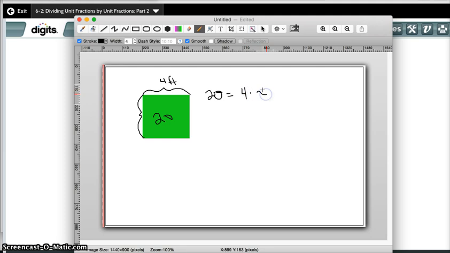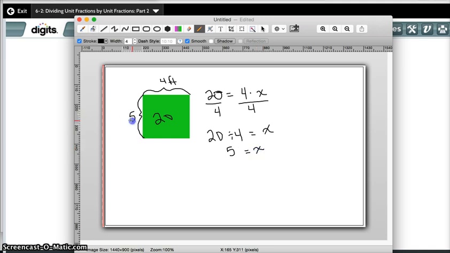I'm just going to use an X, 4 times something. Because I don't know what that something is, I'm going to need to divide by 4 on both sides. So I can say 20 divided by 4 equals my unknown side. Well, 20 divided by 4 is 5. So 5 equals my unknown side.